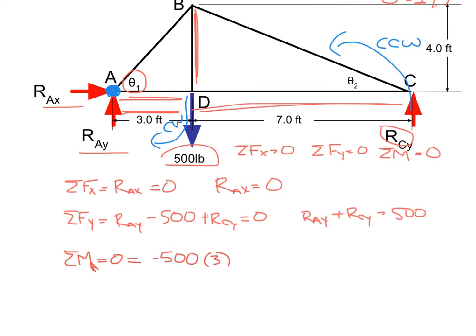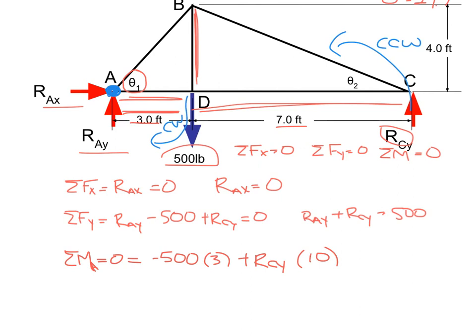RCY is my other force. I don't know what it is yet, so I'm just going to leave it in as a variable. It's rotating around point A, and it's 10 feet, the 3 plus the 7 feet, from point A.